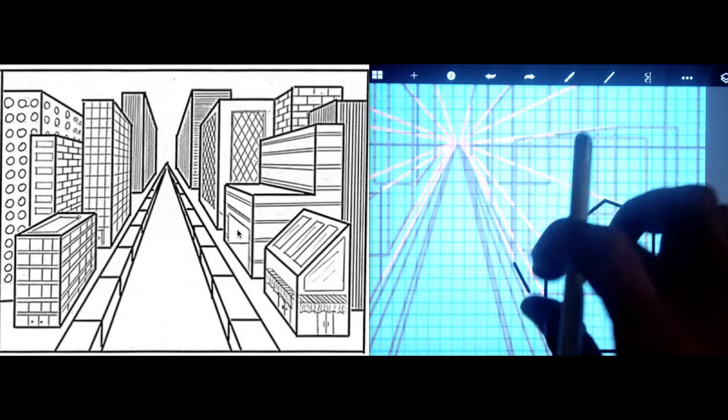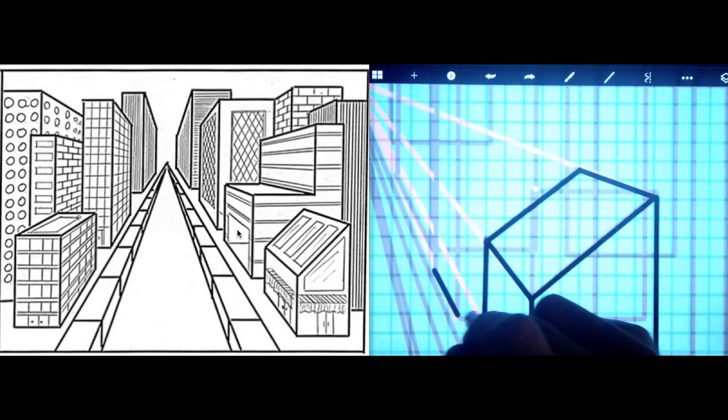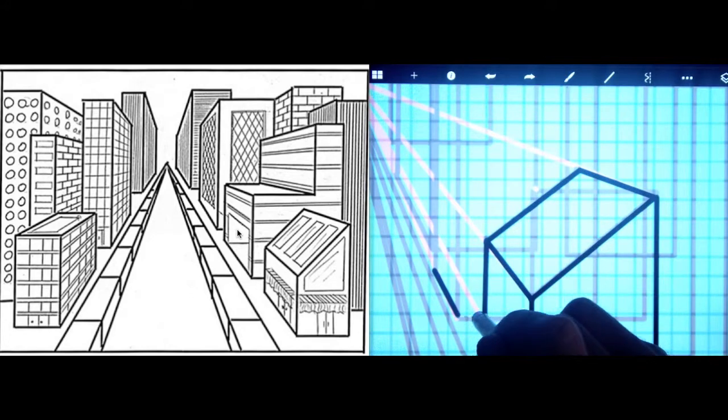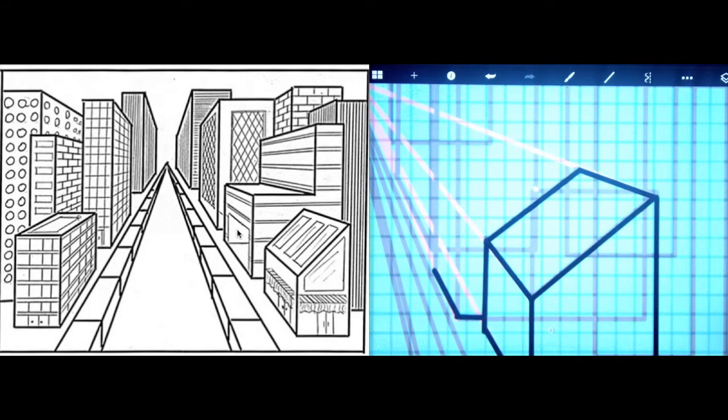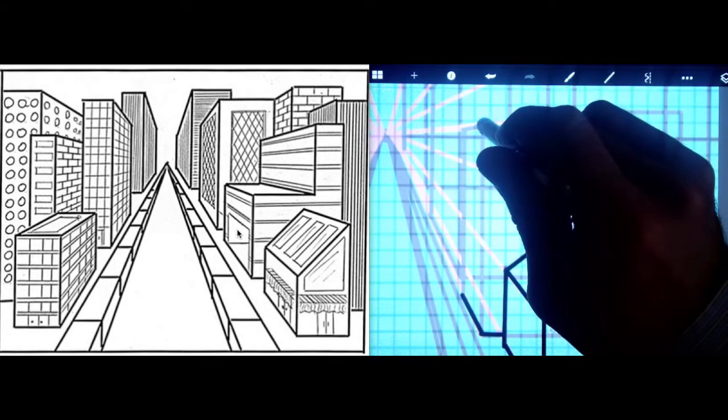Let me zoom in a little bit more. I want to make sure I touch the lines on both sides. I want to make sure I follow the line on the grid. When a line doesn't go the way I want, I just hit undo arrow and try it again. Now, these are the vertical edges of that building.